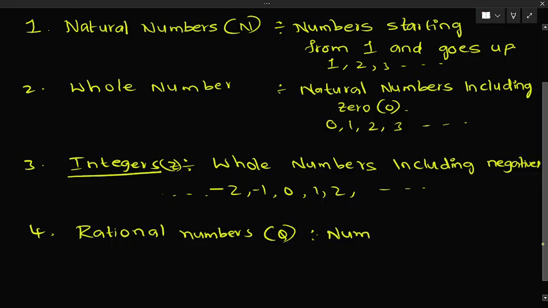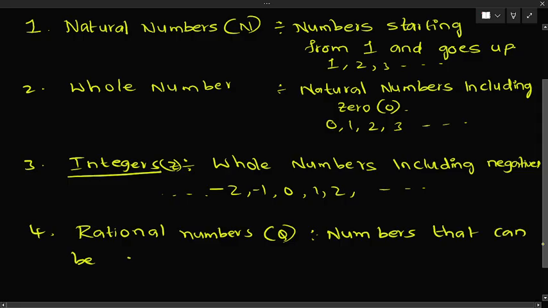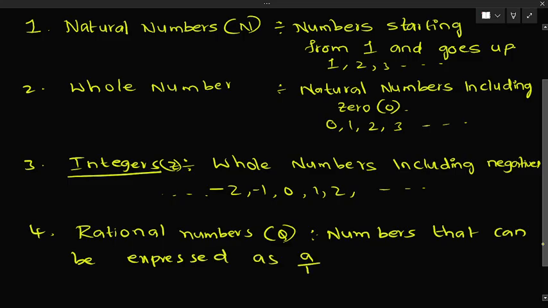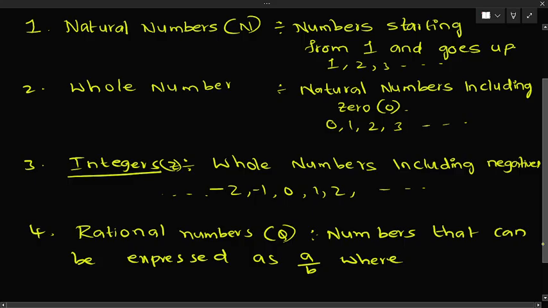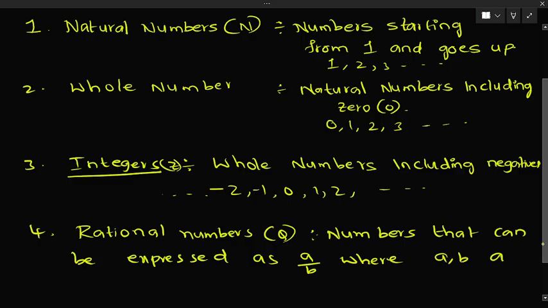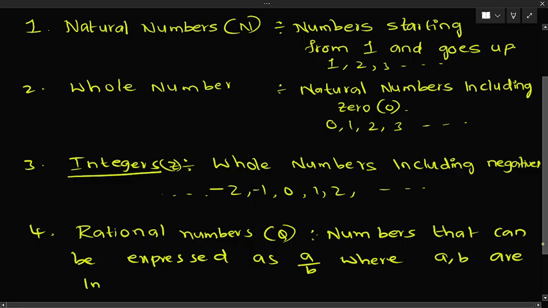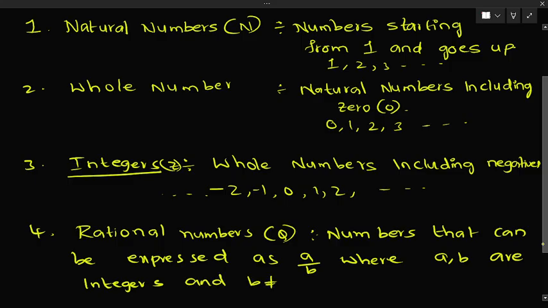So numbers can be expressed in the form of p by q or a by b, where a, b are integers and b is not equal to 0.